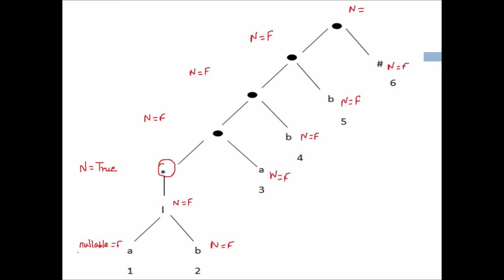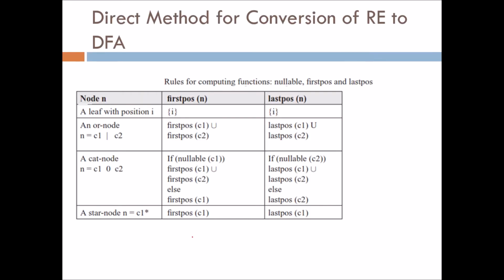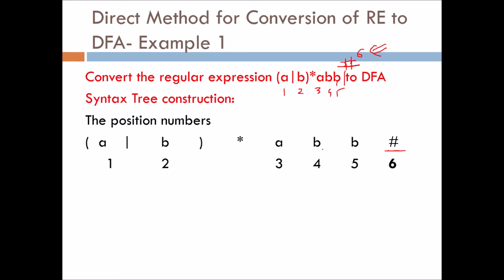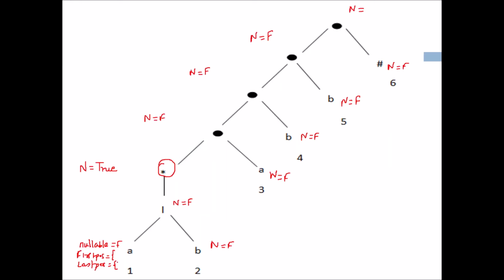Next we have to compute the value of firstpos and lastpos. So what is the value of firstpos? I will now take you back to the table. So to find the value of firstpos for a leaf node, if leaf node has position i, the firstpos value will be that position number and the lastpos value will also be that position number. So coming back here, what is the position number of this leaf node A?